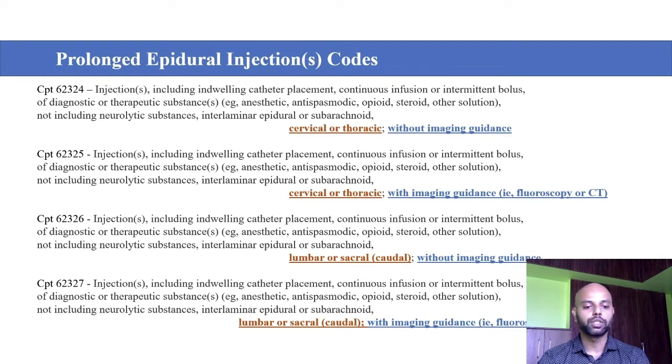CPT 62325 is for cervical or thoracic with imaging guidance. CPT 62326 is for lumbar or sacral without imaging guidance. CPT 62327 is for lumbar or sacral with imaging guidance.